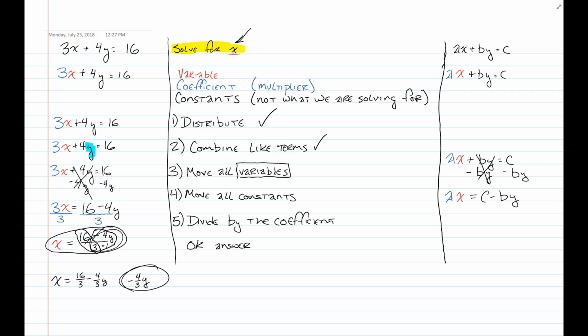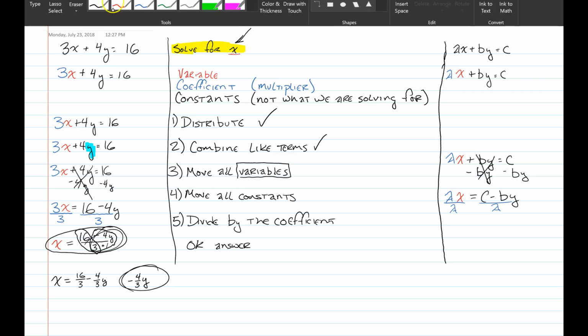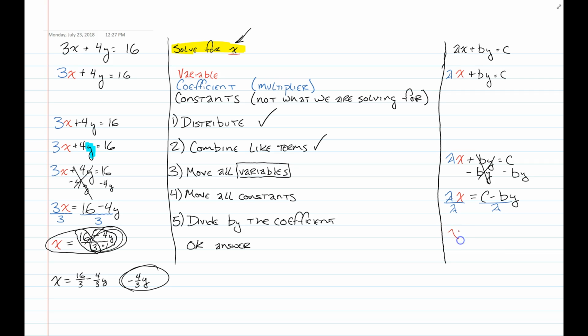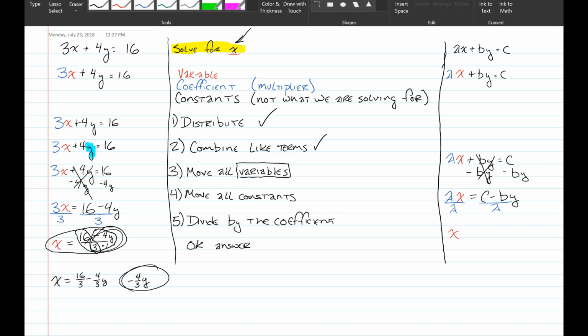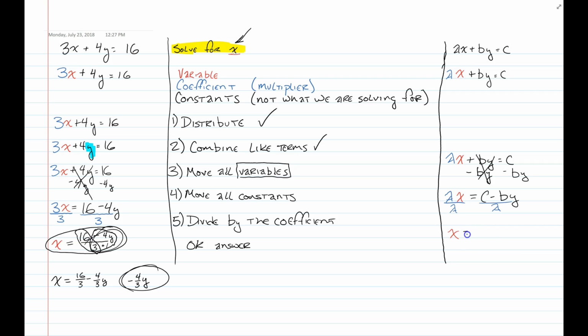Now from here, I'm going to, as previously done, divide for step 5 by my coefficient, which in this case is a, divide by a. And again, there are several ways I can represent this. Way number 1, which is perfectly fine for now, but I strongly encourage you to break, is c minus by over a.